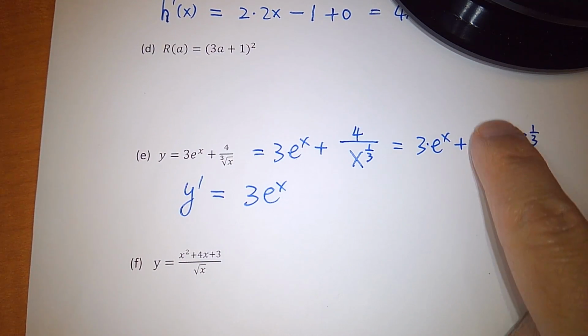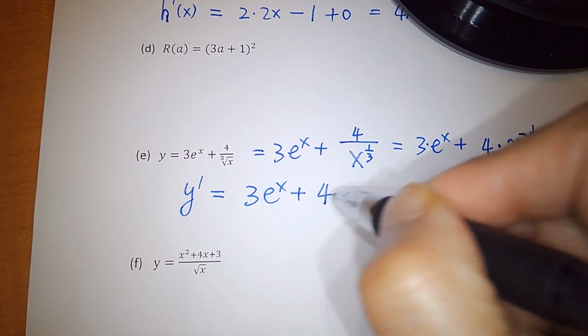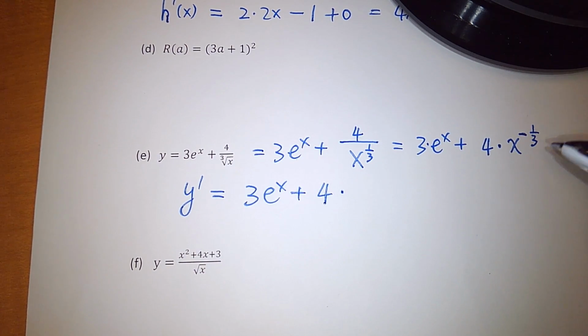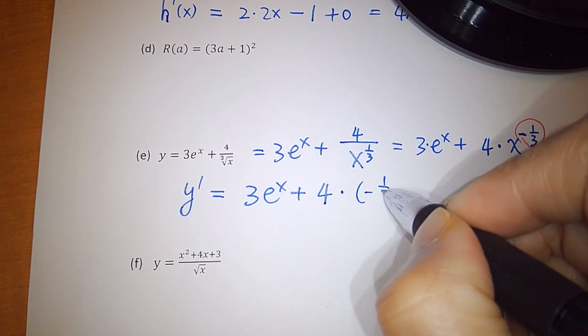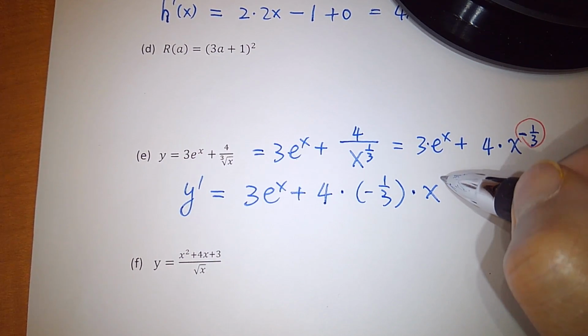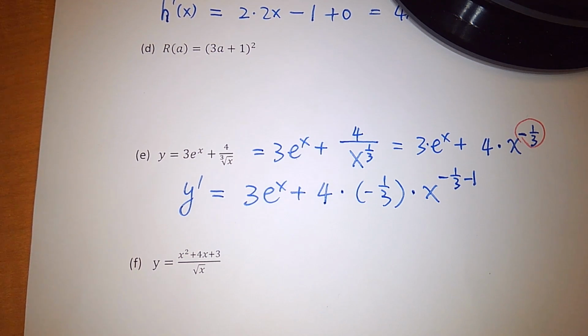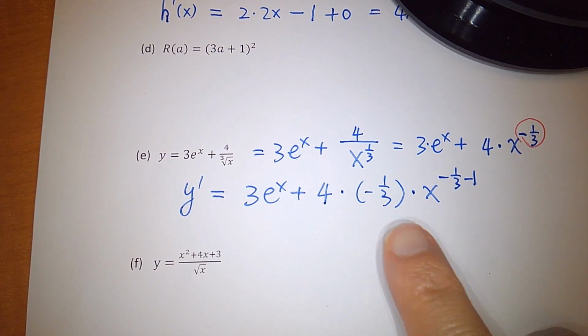Then the derivative for this part is going to be, well, of course we copy the 4 times, what is n in this question? Negative 1/3, right? Times x to the n minus 1. Negative 1/3 minus 1. You guys agree with me? Everyone?